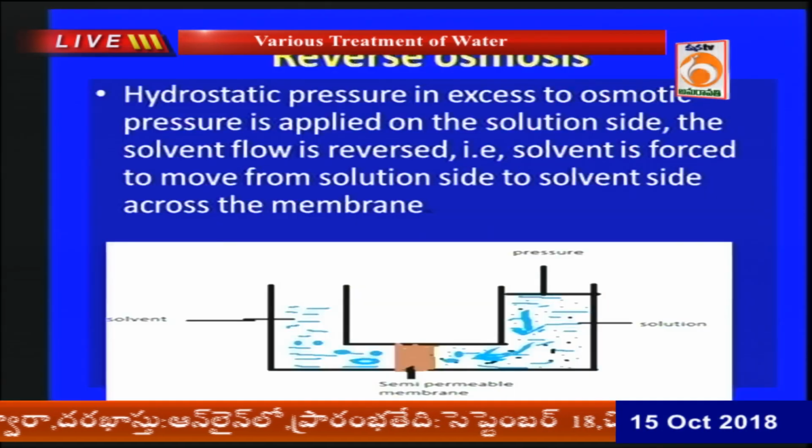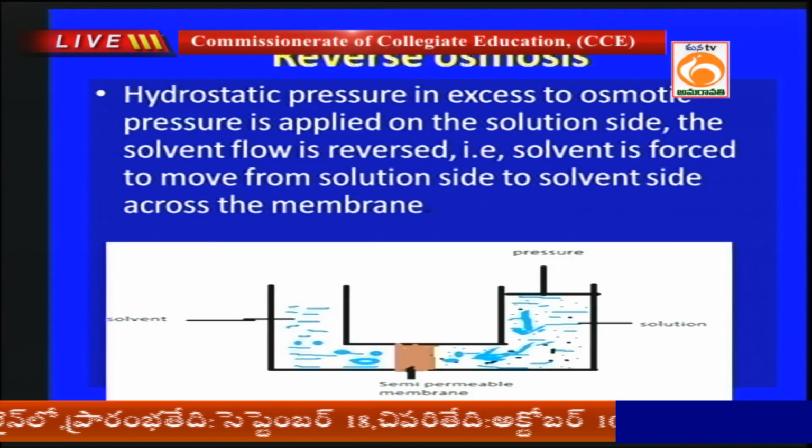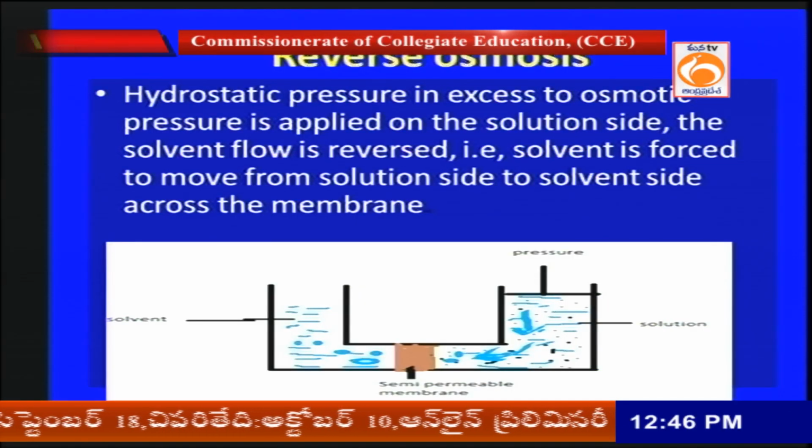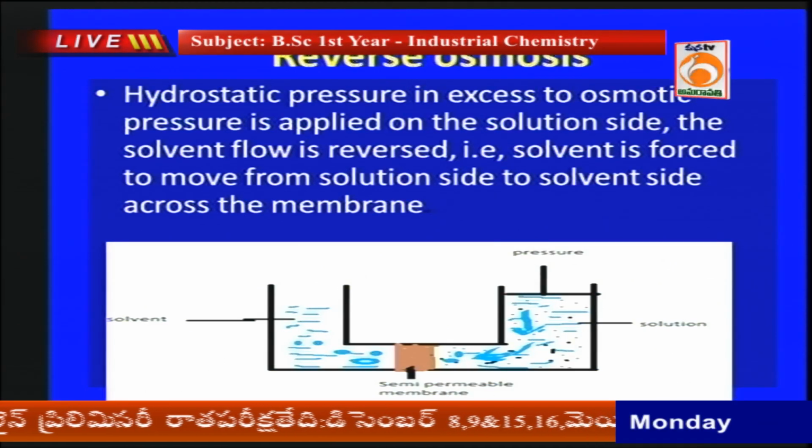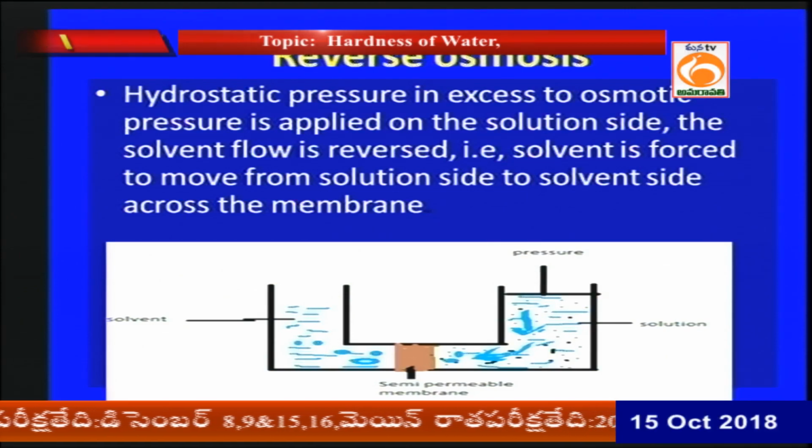In reverse osmosis, we apply pressure on the solution, like sea water. Sea water contains so many minerals, calcium, magnesium and chlorides. On that sea water we apply pressure, and that pressure should be more than the osmotic pressure of the solvent.